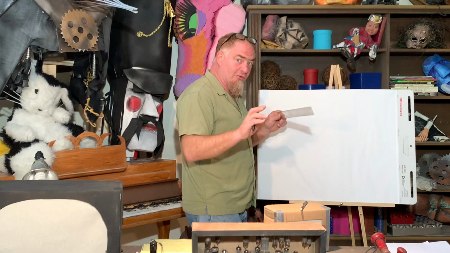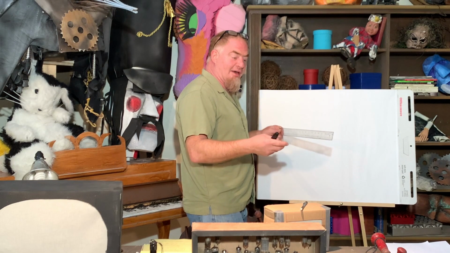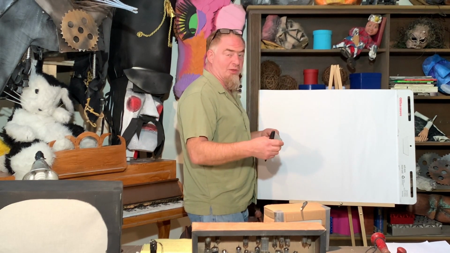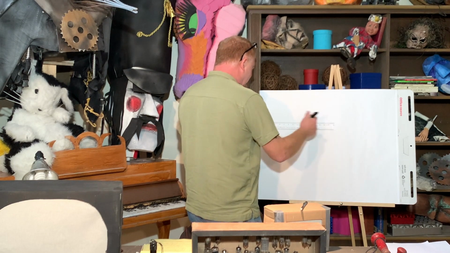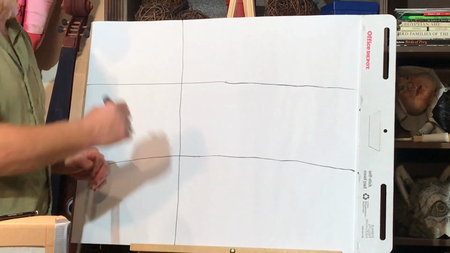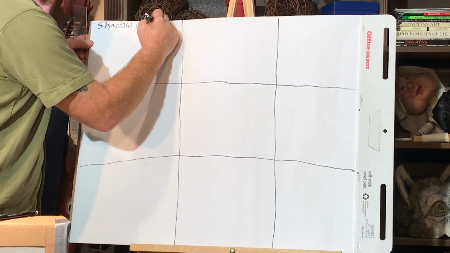We're developing our own little stories, so this is kind of a cool creative process that I like to do with other people or by myself, as we work through it. So I'm going to draw some squares. Shadow of the Sea.